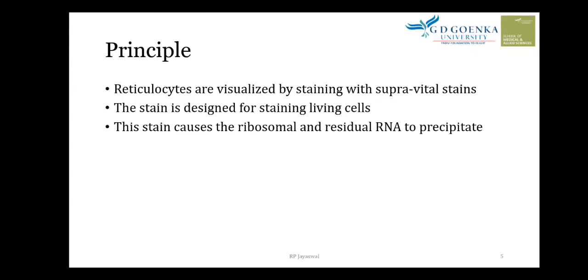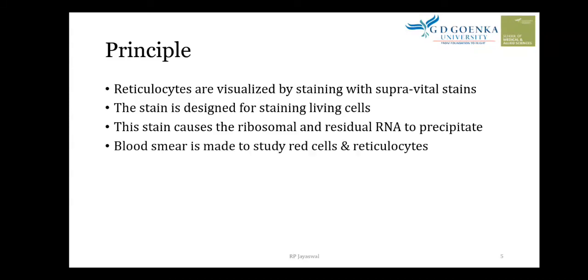This stain causes the ribosomal and residual RNA to precipitate. So these are present in the reticulocytes, RNA binds with the dye, and after that the complexes are further precipitated. A blood smear is made to study red cells and reticulocytes.